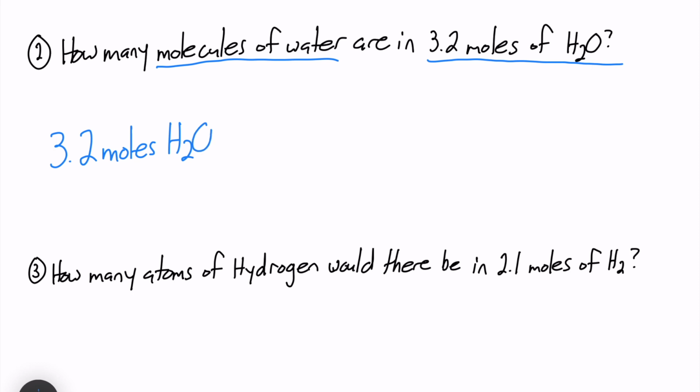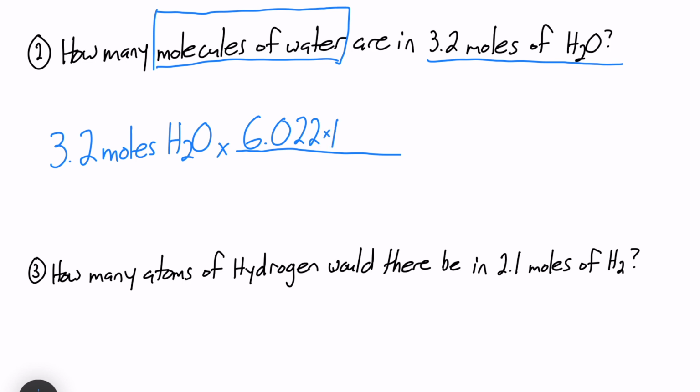moles of H2O. We're going to follow that same path with that times sign line, but this time on top, we want molecules of water. Okay. So on the top here, we're going to put 6.022 times 10 to the 23 molecules of H2O.